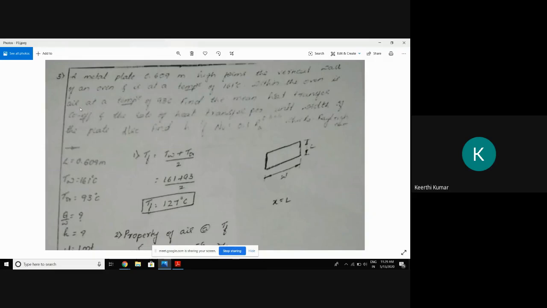Within the oven, the air is at a temperature of 93 degrees centigrade. That is, T infinity is 93, T wall is 161. Find the mean heat transfer coefficient, that means h, and the rate of heat transfer per unit width of the plate. So Q is also asked. Also find out the value of h.